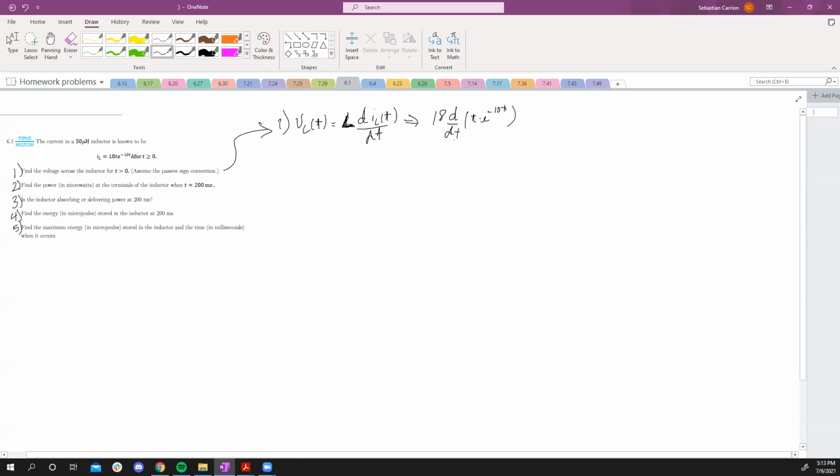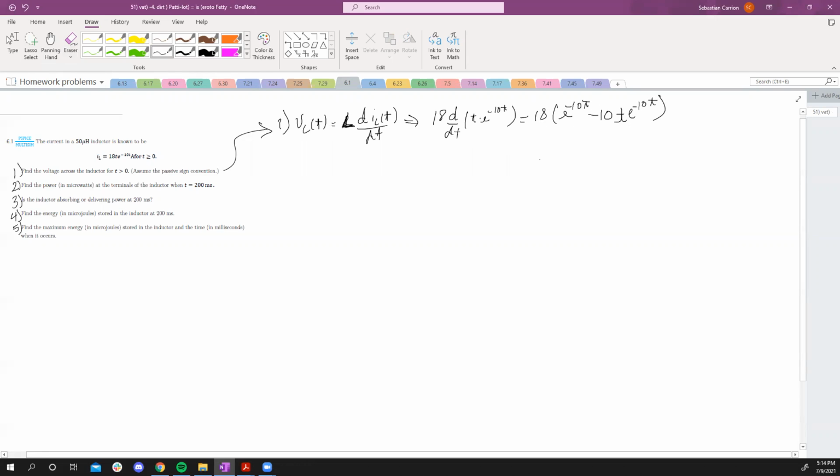Our di(t) would look like this. Then we use the product rule, and we know that 18 times e to the negative 10t, minus 10t e to the negative 10t.